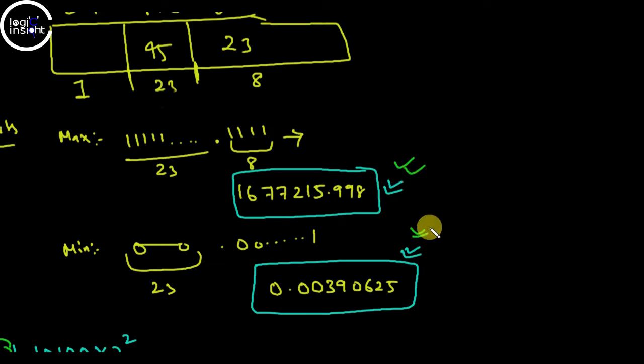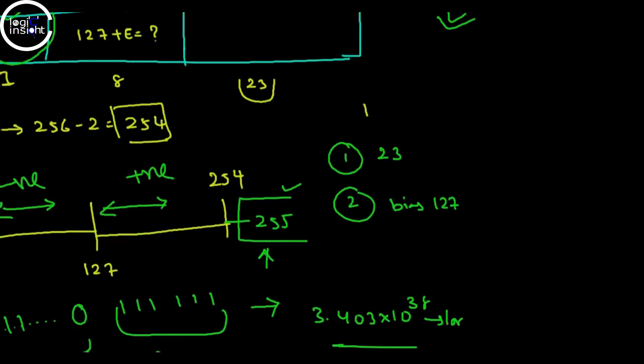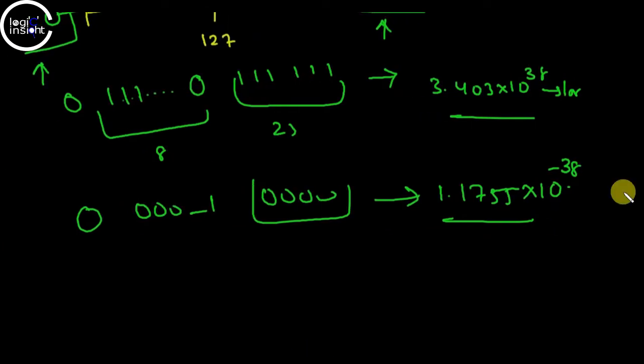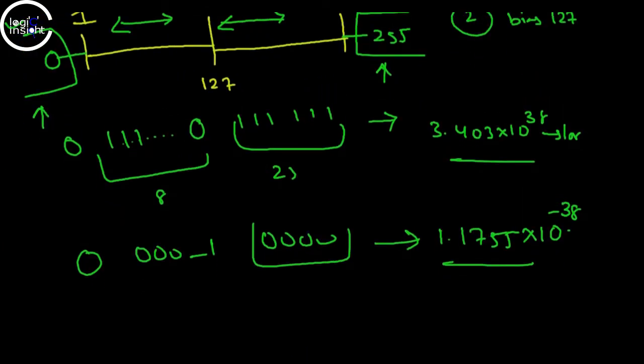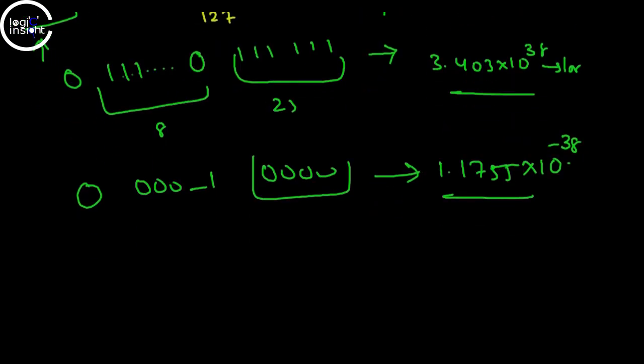In order to store that huge range of numbers with that much precision, we need to use this method. Now the question is how we store zeros and infinities in these numbers.